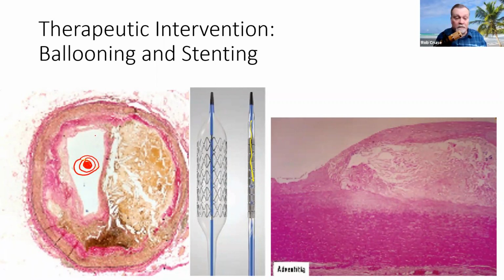Now you're going to deploy it. So you take the device to inflate the balloon and you activate it, and that balloon will expand. So let's say the balloon is going to expand like that. This balloon is going to push this fibrotic cap outward. It's going to compress that plaque as much as that.